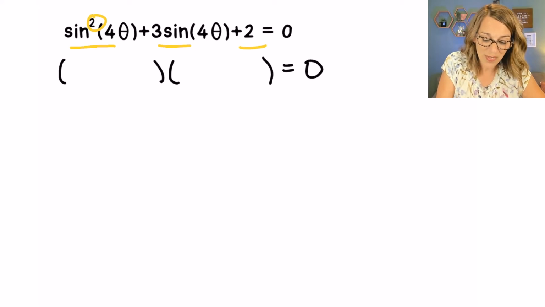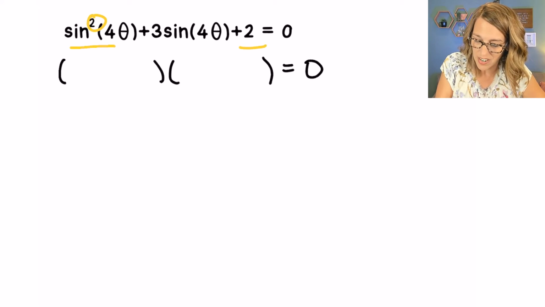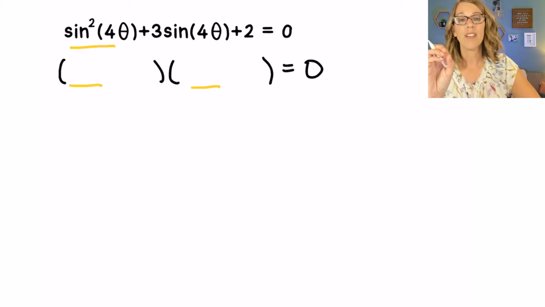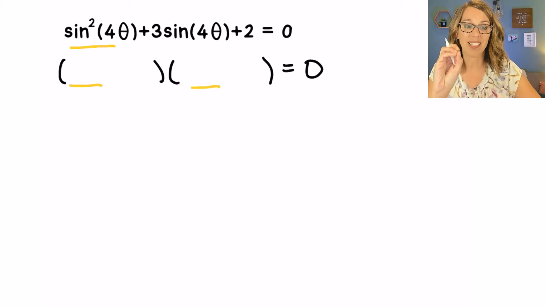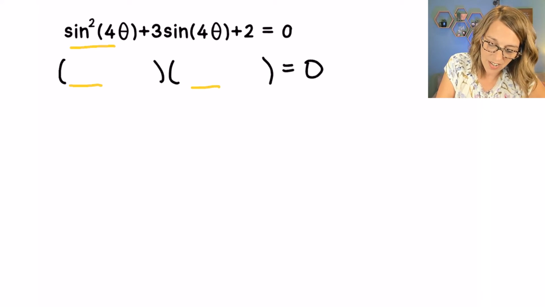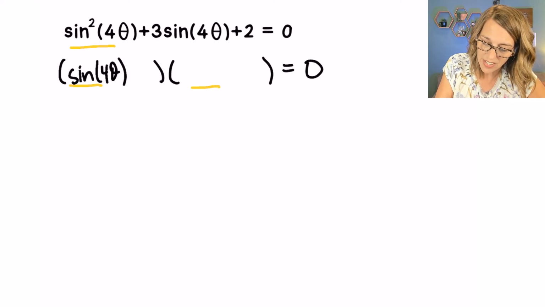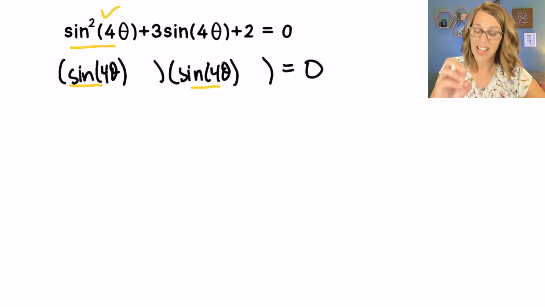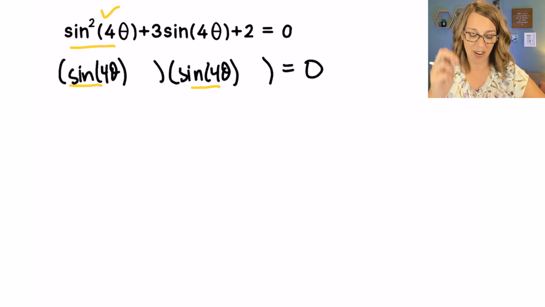I want to start by making the first 2 positions, so that would be here and here, multiply to be my sine squared 4 theta. So I'm going to need a sine 4 theta here and a sine 4 theta here. So I've got that sine squared 4 theta taken care of.